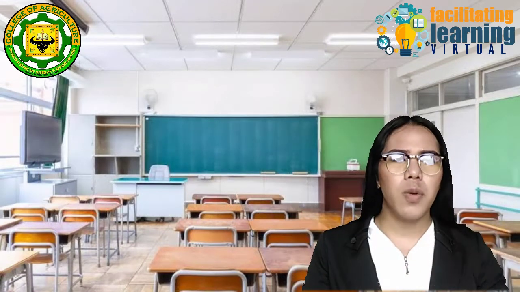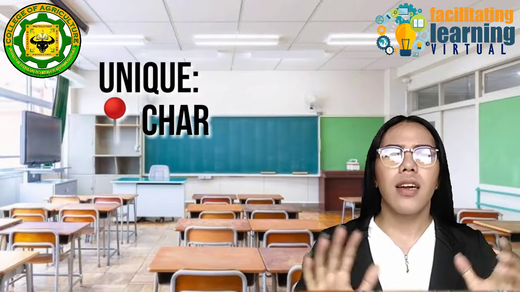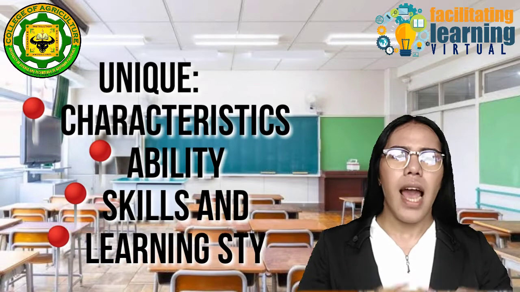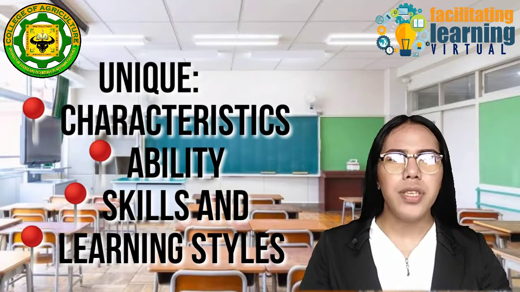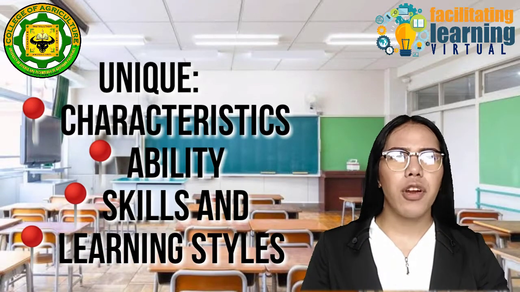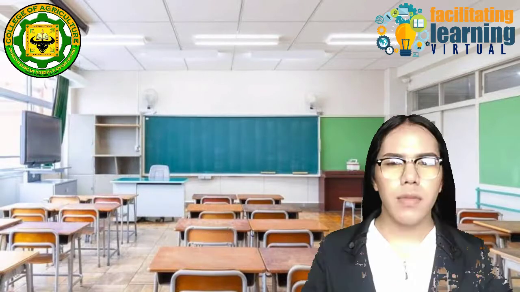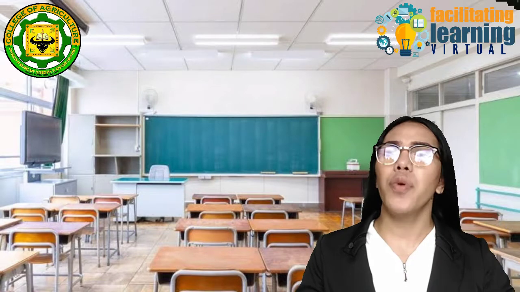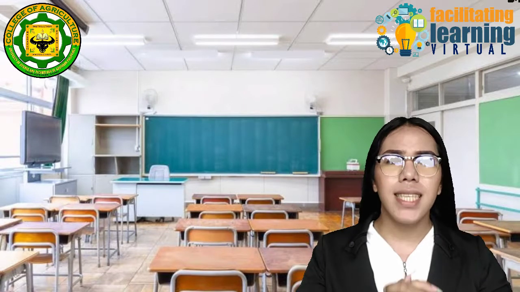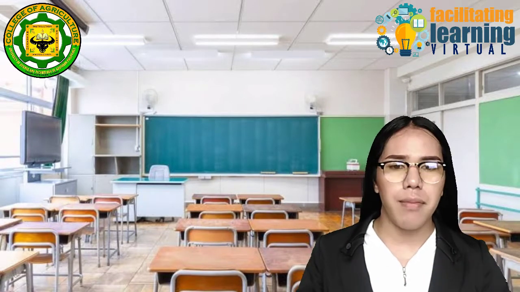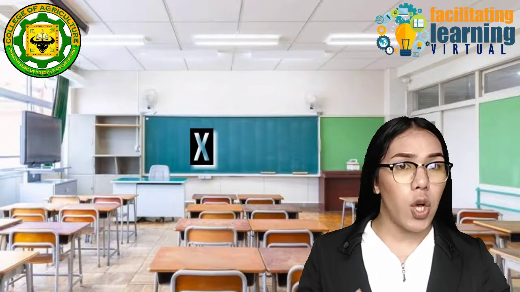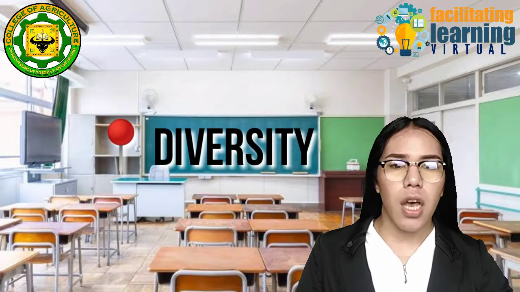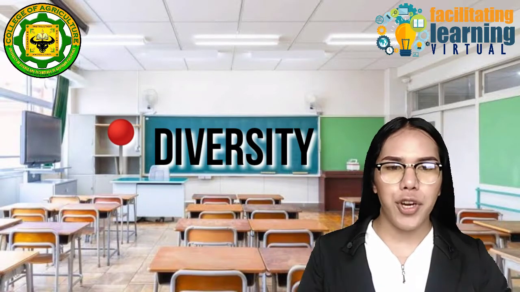Every individual has unique characteristics, abilities, skills, and learning styles, so they differ in different aspects. In all learning environments, individuals interact with others who are in some way different from them. That's what we call diversity, because we are living in a diverse world.